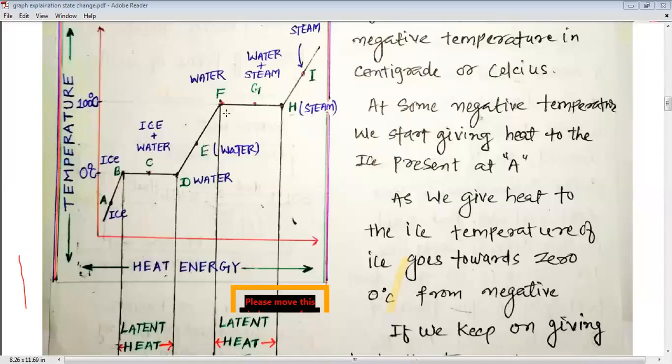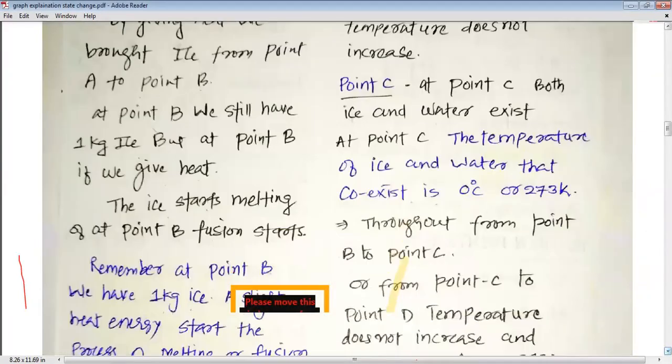At point F, the temperature is 100 degrees centigrade, and at this temperature the water starts boiling, and that is why point F is considered the boiling point of water. My dear students, the boiling point of water is 100 degrees centigrade or 373 Kelvin. So this is how we study point F.